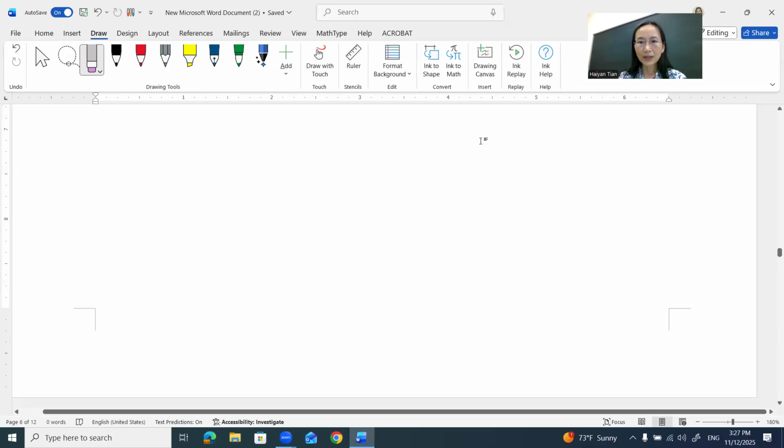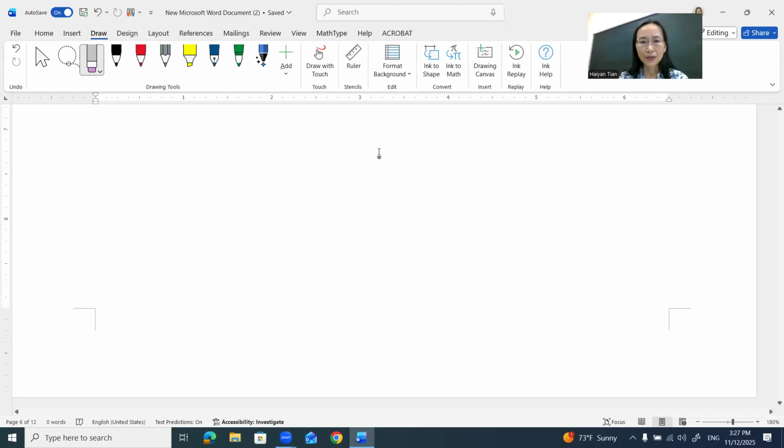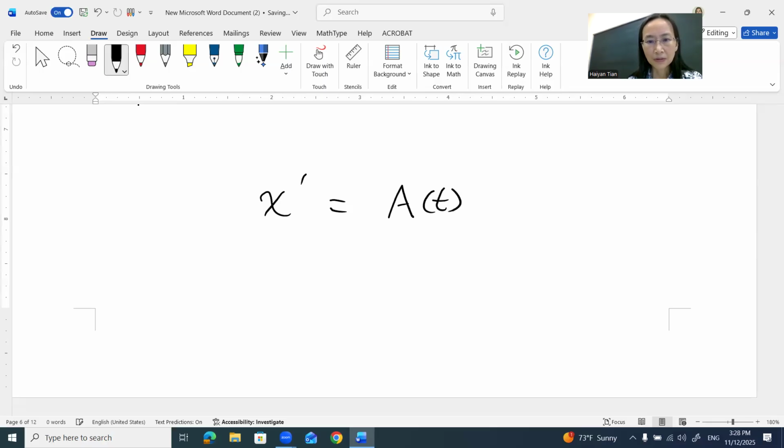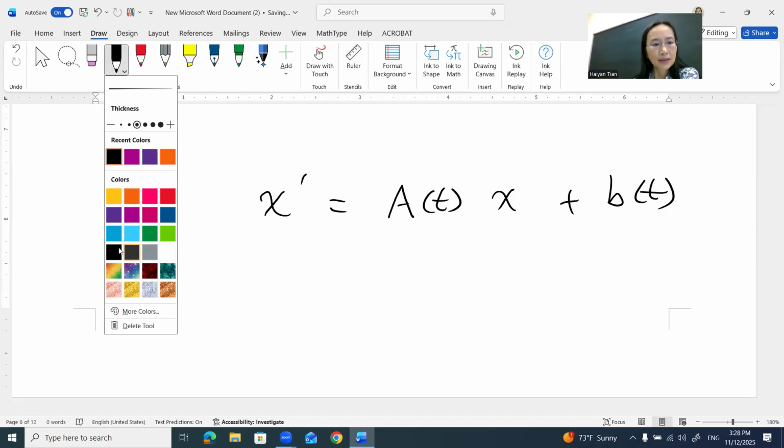In the following, I will simplify the system. Let's consider only the constant coefficient case. For a linear system, no matter whether it is homogeneous or non-homogeneous, we can now consider a simple case.